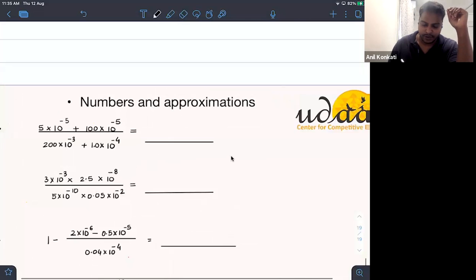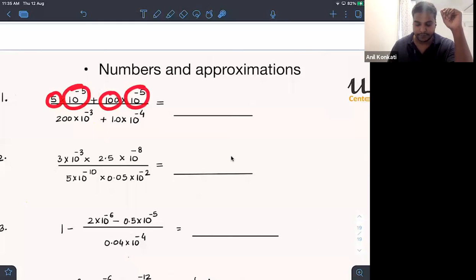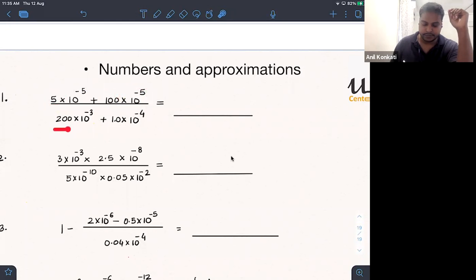See, first 5 into 10 raised to power of minus 5 plus 100 into 10 raised to power of minus 5, that divided by these two. First, in the numerator, I can take 10 raised to power of minus 5 common. So do that. 10 raised to power of minus 5 will come out as common. So I have 5 plus 100.